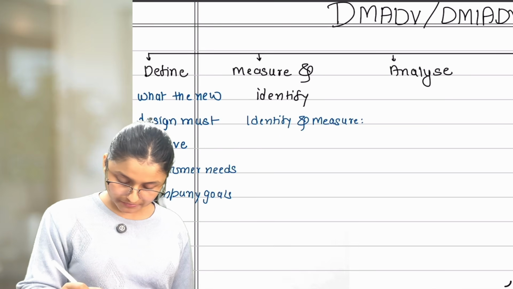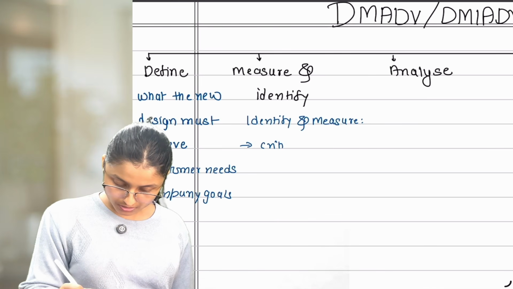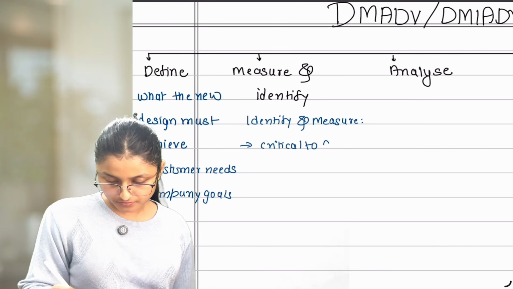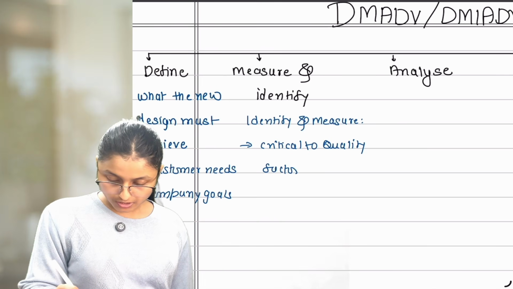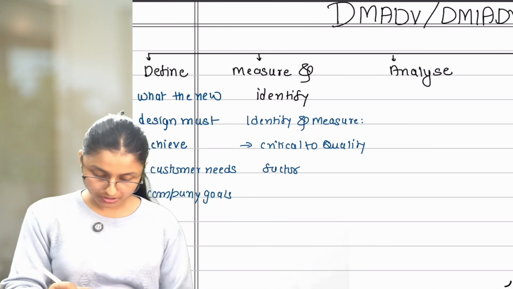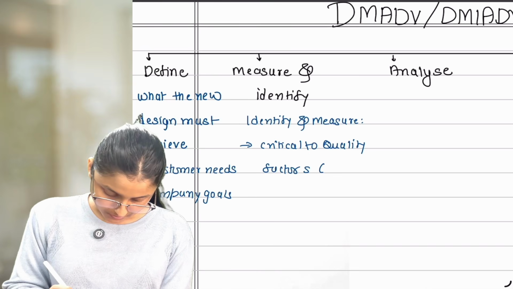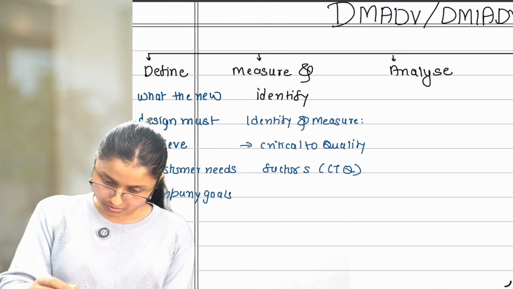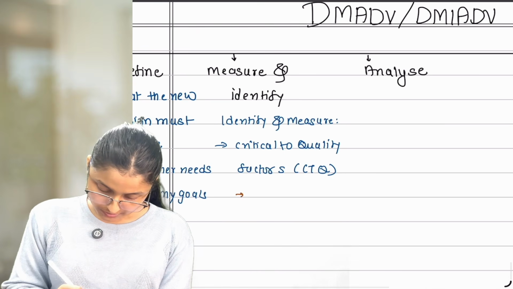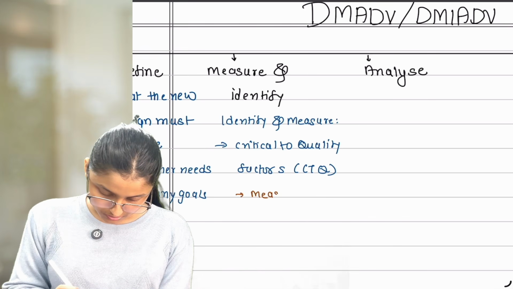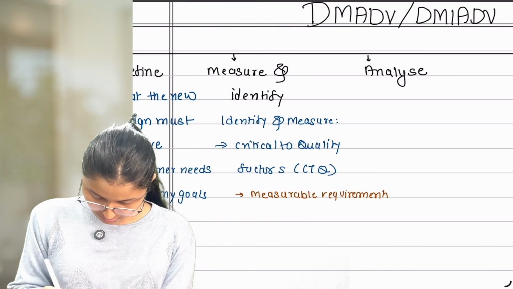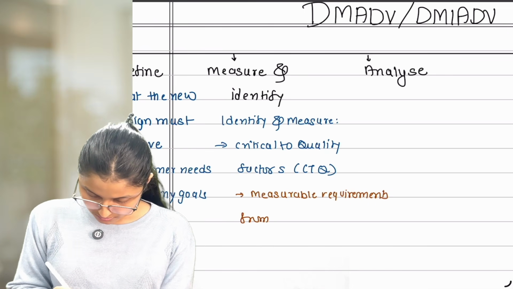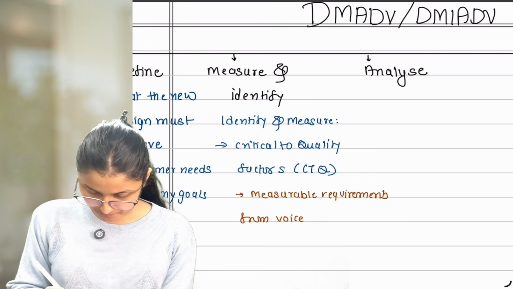What will we identify and measure? Critical to quality factors, which will convert voice of customer into measurable terms. This is known as CTQ. With the help of this, we are trying to convert voice of customer into measurable requirements.